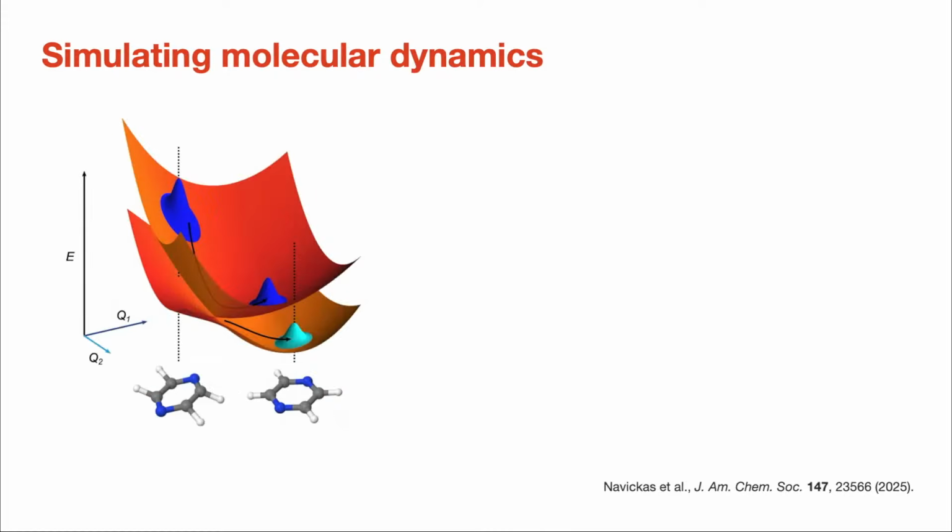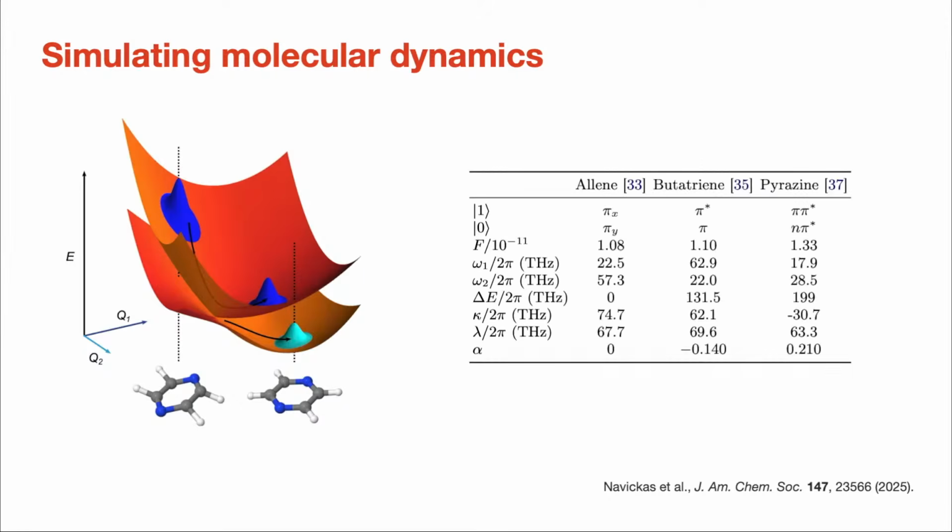To show you that it's programmable, we published another paper last year. So like I said, for example, these are the surfaces for pyrazine. But the difference between other molecules that can be represented as two-state, two-mode systems is just that they have different parameters for these two-state, two-mode systems. So the different frequencies and energy splittings are different.